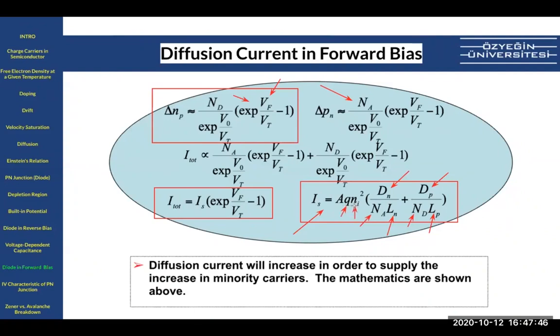Ni is constant for a certain semiconductor, such as silicon. You solved it in your quiz. It's a fixed number at a certain temperature, and A is the area. So when you change the physical dimensions, you can change the saturation current of it, I believe.